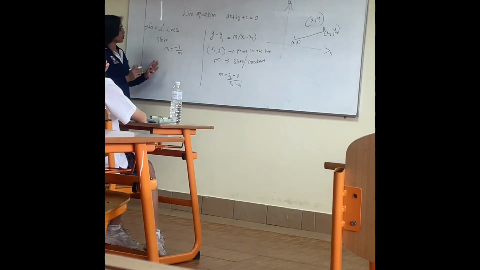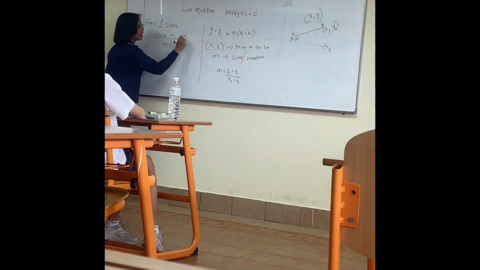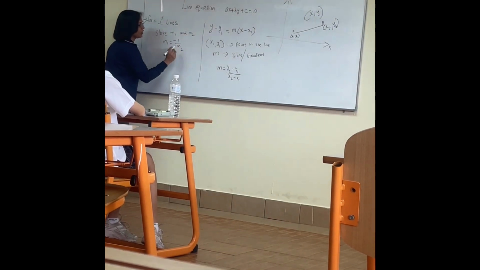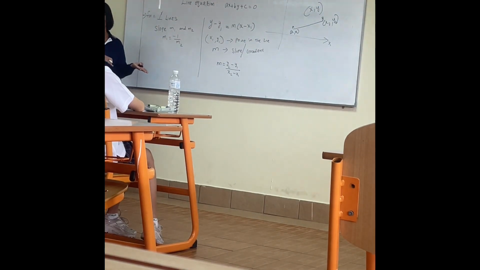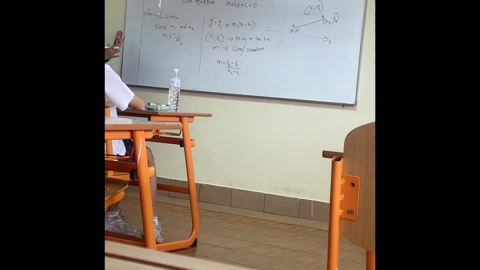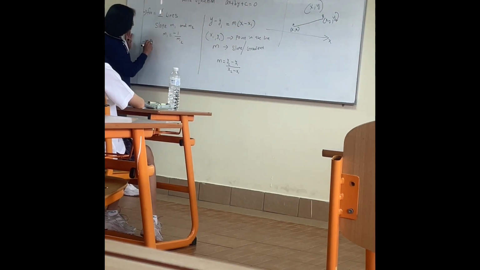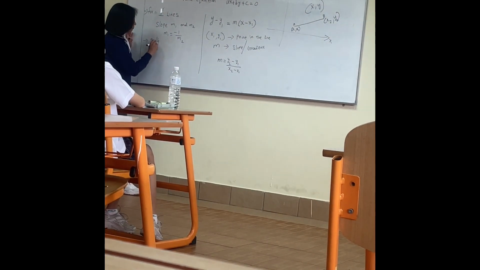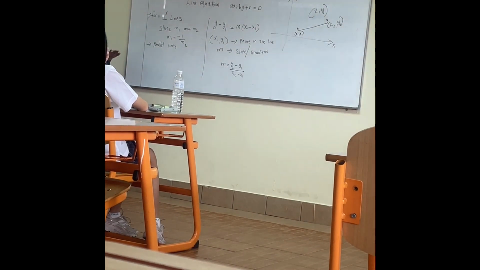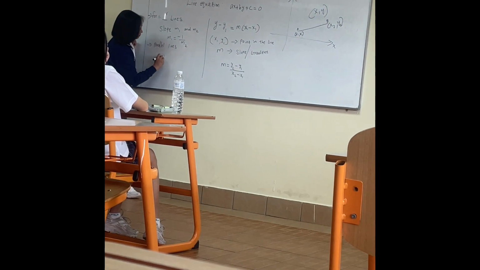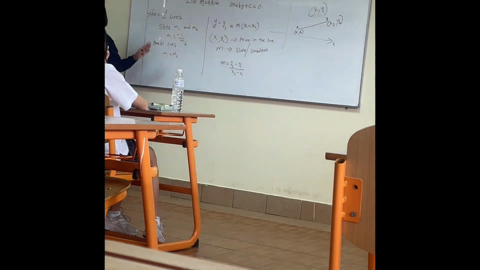Okay, if you have slopes m1 and m2, one should be the negative reciprocal of the other one. That's it. Okay, and for parallel lines, slope will be equal, m1 equal to m2. These two are important.